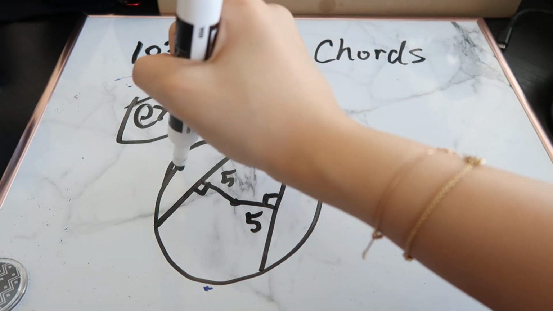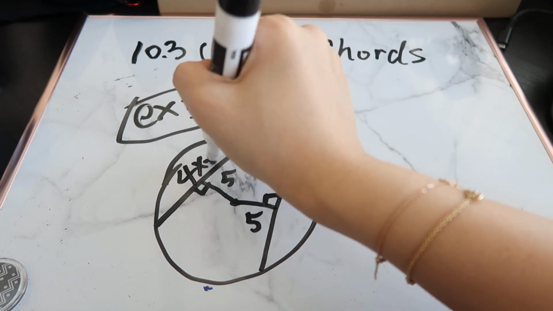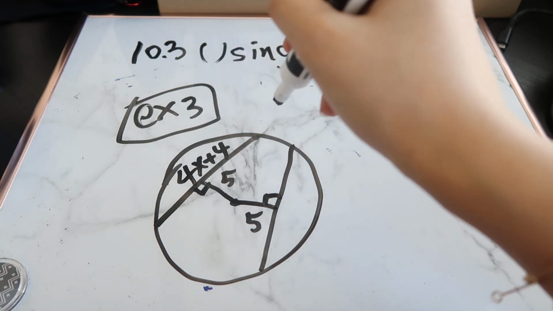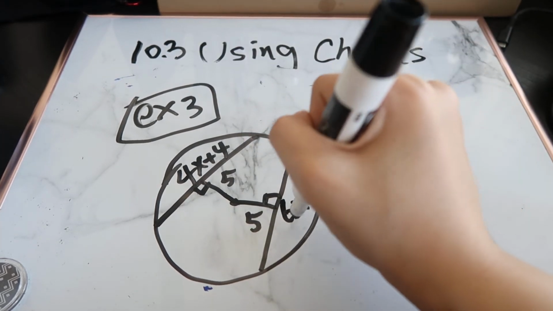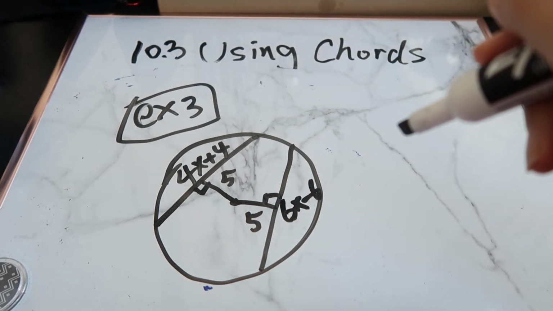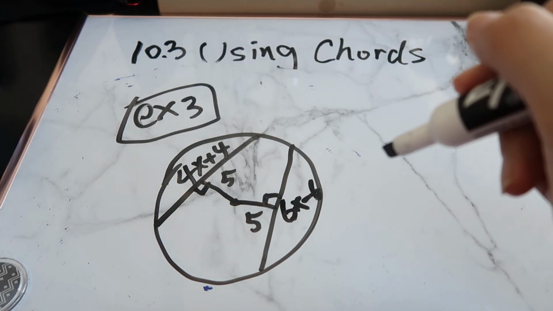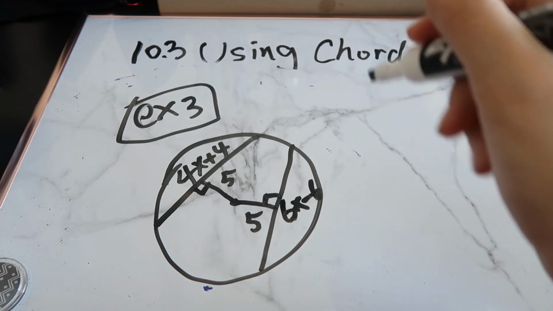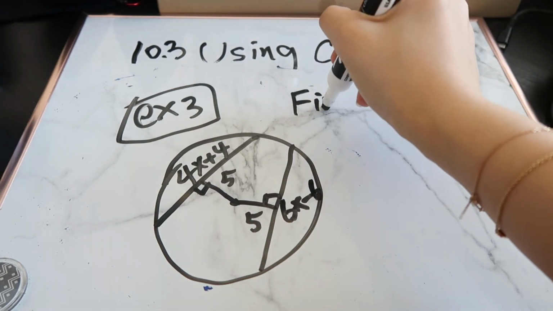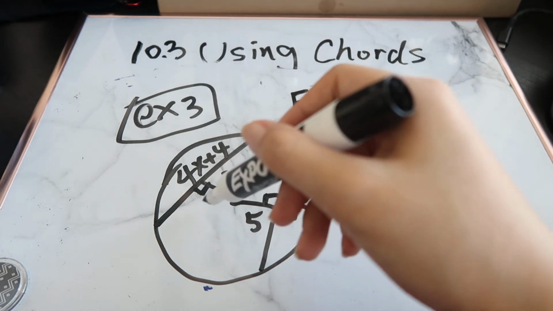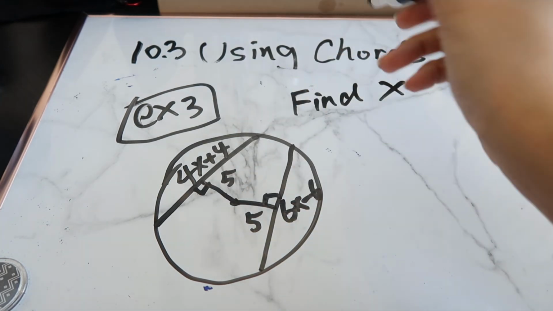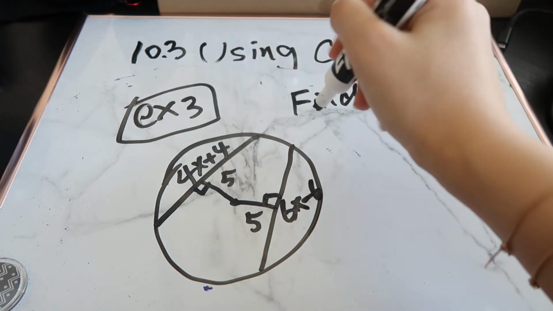And then the chord here is 4x plus 4. Then this part is 6x minus 6. Okay, let's just find x here. Alright, so in this case, because those 2 heights equal each other, we would know the chords would also equal each other.